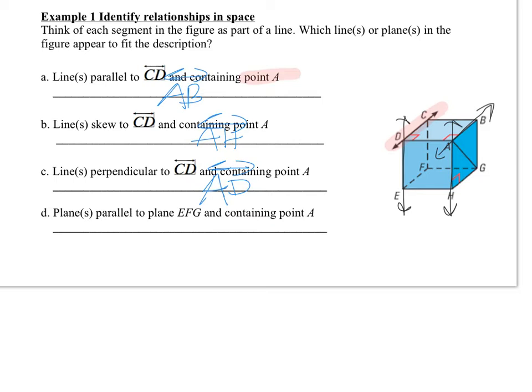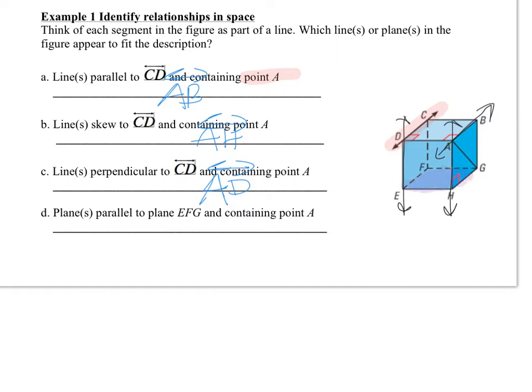And a plane parallel to plane EFG. Okay, so EFG is this plane on the bottom. Let's see if I can make that darker. Make it purple and that might show up better. Yeah.